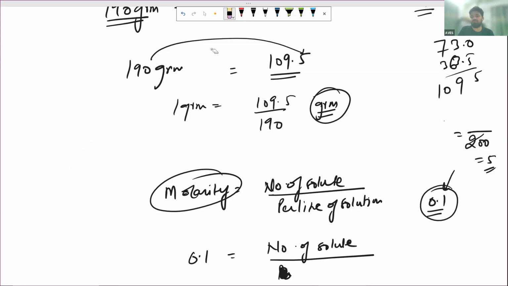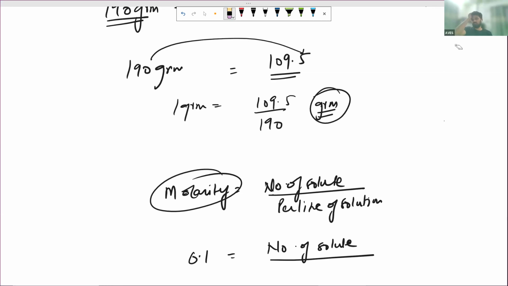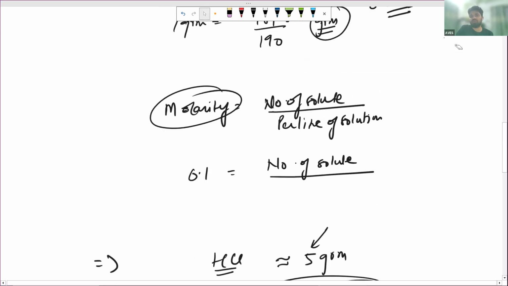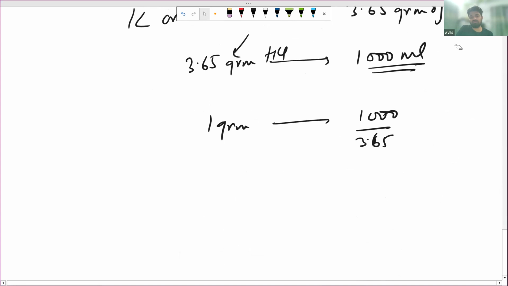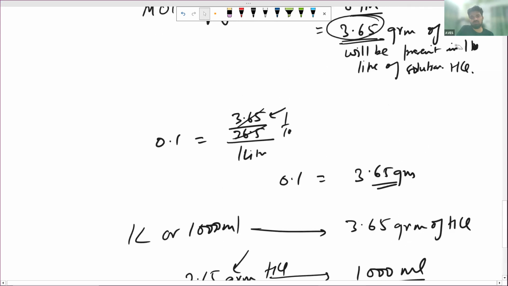What value will you get? 109.5 divided by 190.